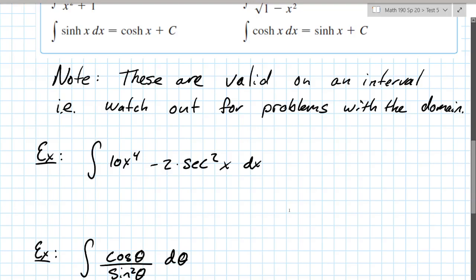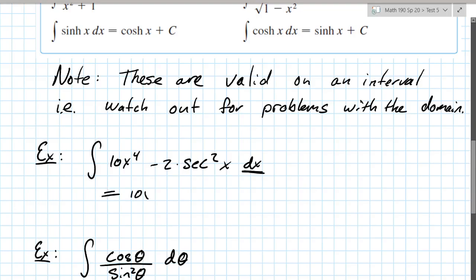This first example is just saying what is the antiderivative function of 10 x to the 4 minus 2 secant squared x. Remember, the dx is telling us the variable that we're integrating with respect to, or the variable that is our independent variable. Our dependent variable is x, so we can use the power rule here.